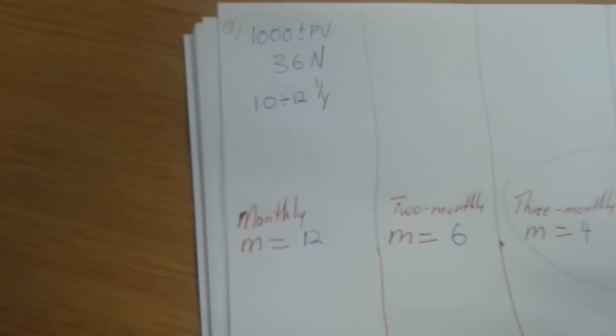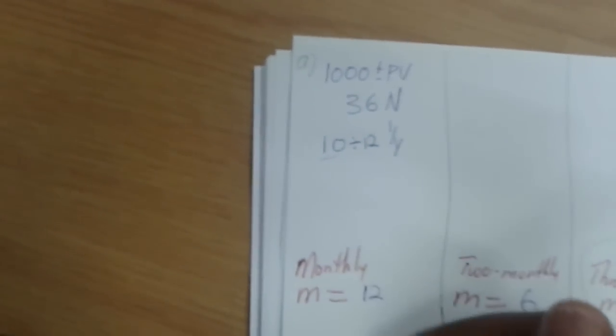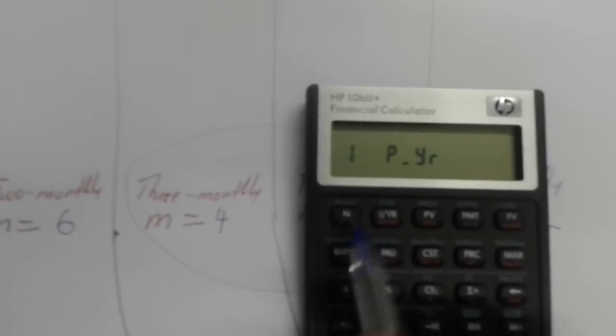So what that simply means is the 10% is for the whole year. But since my period is 1 month, I must get the interest for 1 month too. Since my calculator is set at 1 period per year, you might as well change your rate to 10 divided by 12.